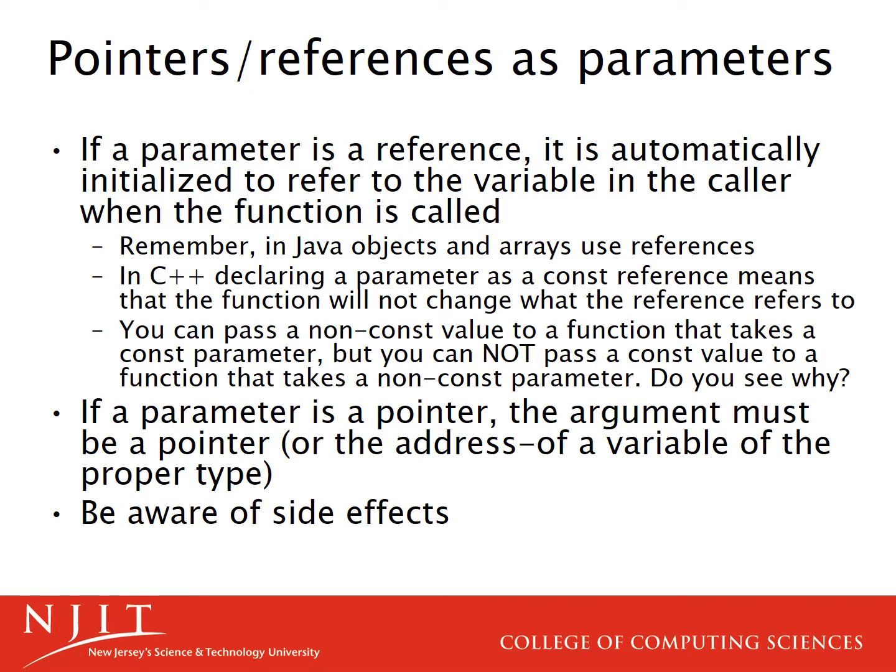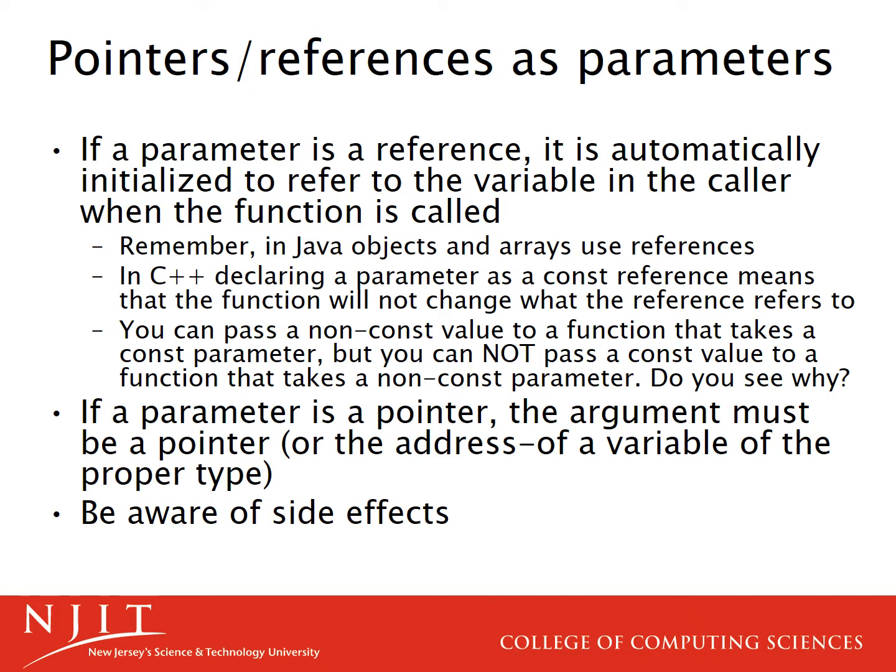But in both cases, the function has access to either the pointer or the reference, and it can dereference the pointer or the reference and get access to what the thing refers to. That means that you can be efficient. Instead of passing big giant objects around, you can just pass around smaller pointers to objects.